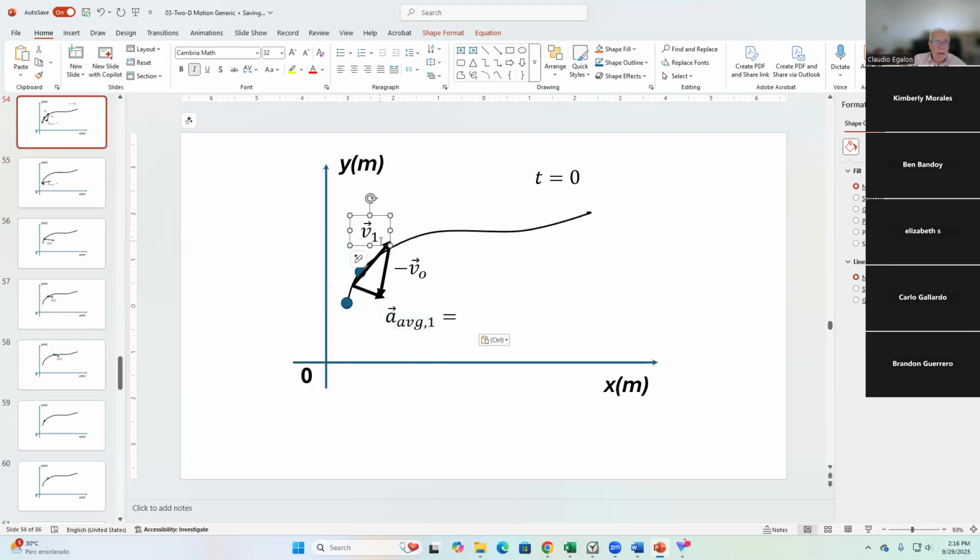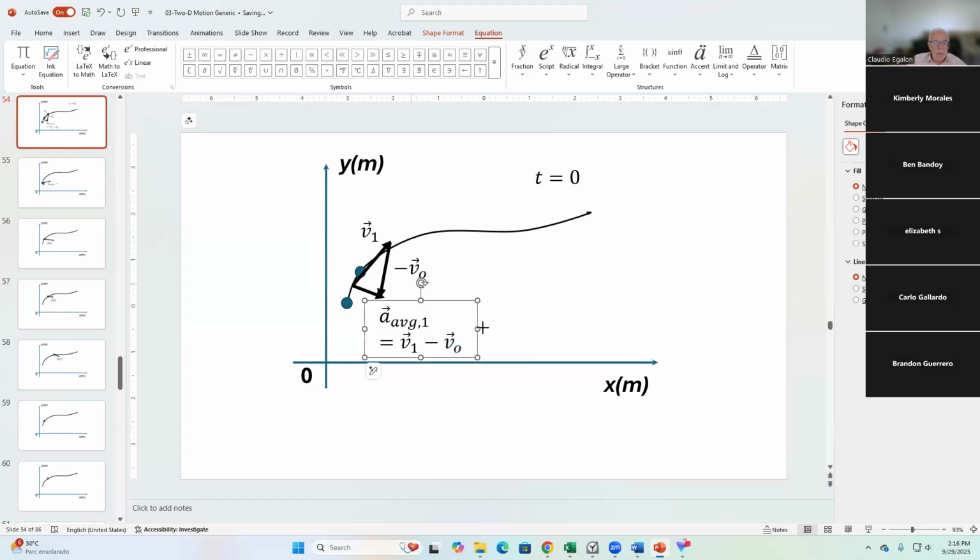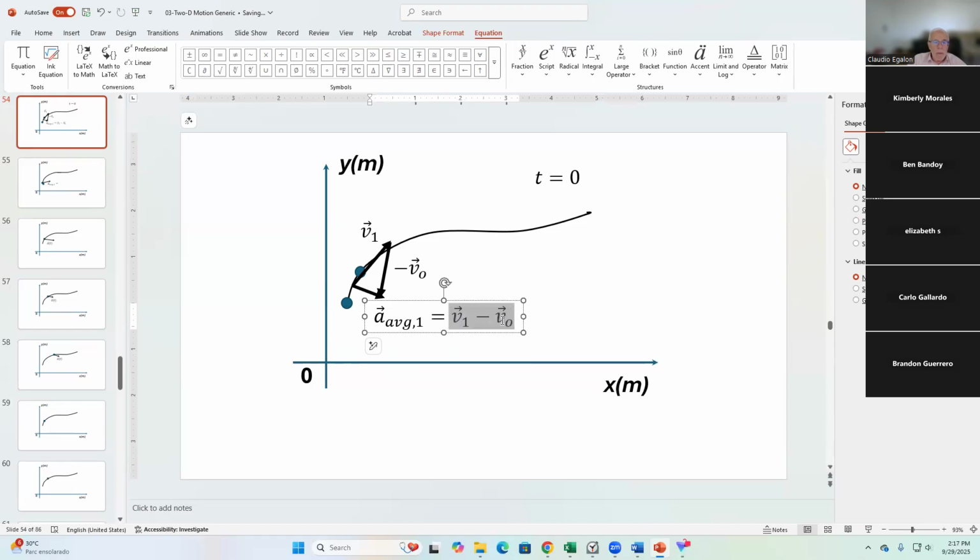And what happened here? Copy and paste it. That's going to be V0. Delta V is upstairs.